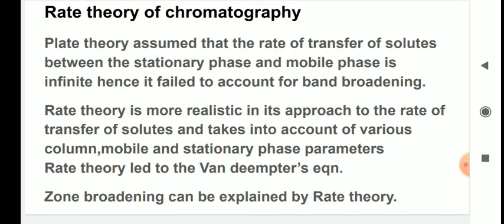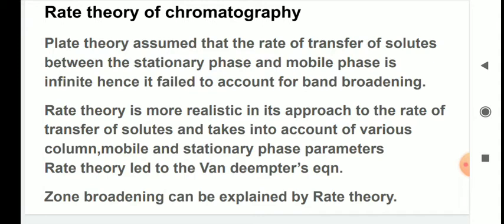rate of transfer of solutes and takes into account the various column parameters, mobile phase parameters, stationary phase parameters, and the mixture component parameters also. Rate theory led to the Van Deemter equation.